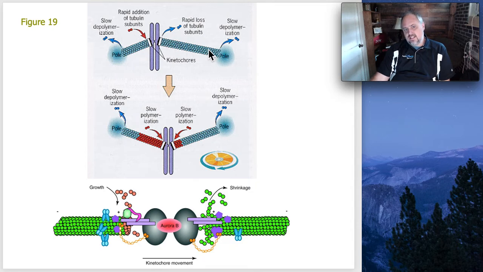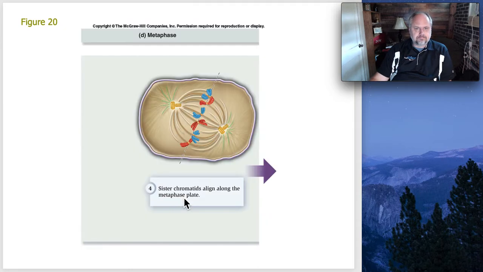Notice how this one's got to shorten, whereas this one has to lengthen in order for the chromosome to get where it needs to be. So one side is always growing, one side is always shrinking until we reach that middle point. And these would be the kinetochore connectors in here, and basically what we're doing is helping things line up.